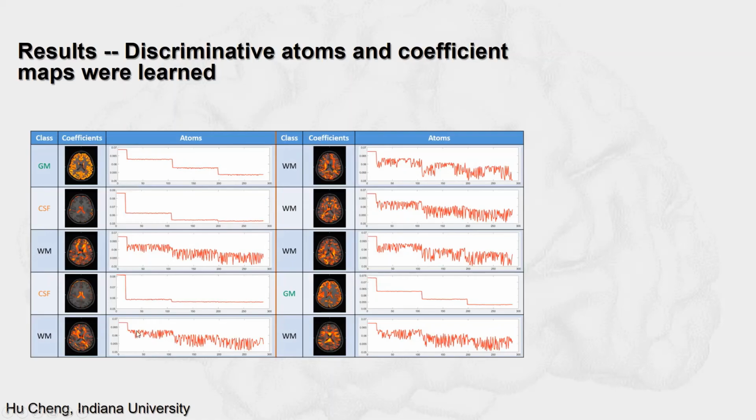You can see that the white matter atoms are quite distinct from the CSF and gray matter atoms. Gray matter atoms, by looking at the map, are also quite different from the CSF maps. And even by the feature of the time series, you can discriminate them too: gray matter, CSF.